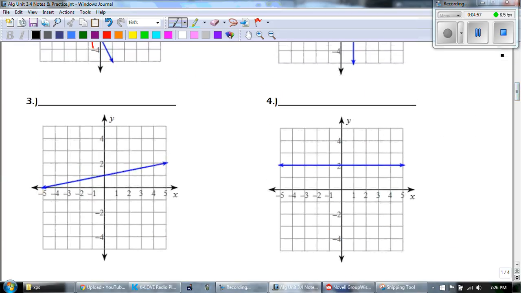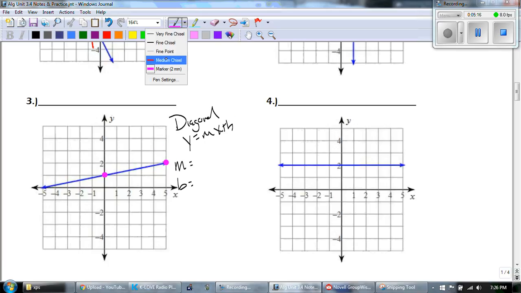All right, number 3. What type of line? Diagonal. So y equals mx plus b. I need the slope and the y-intercept. Right away, I can see that the y-intercept is (0, 1), so I can write down (0, 1).